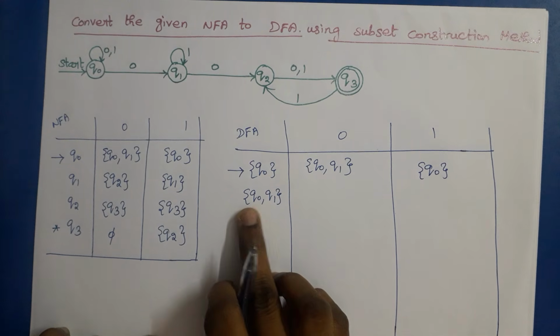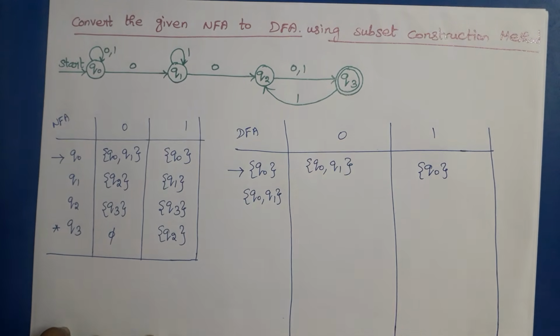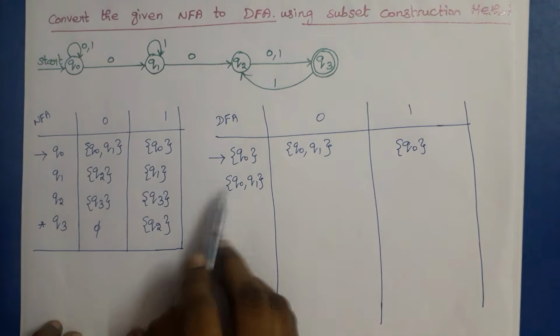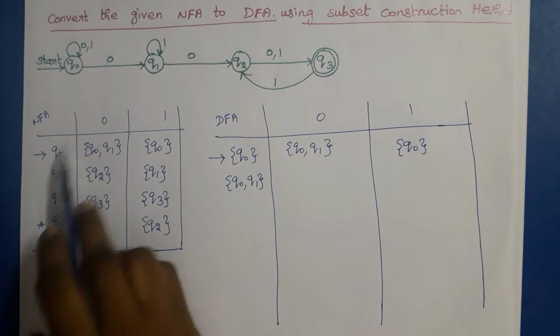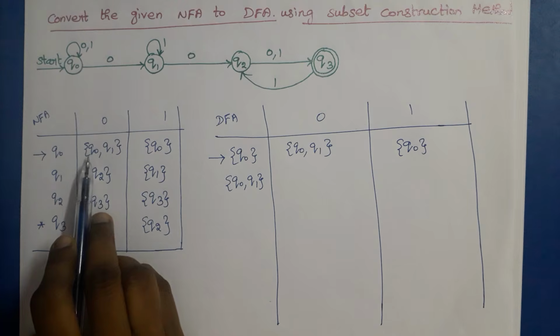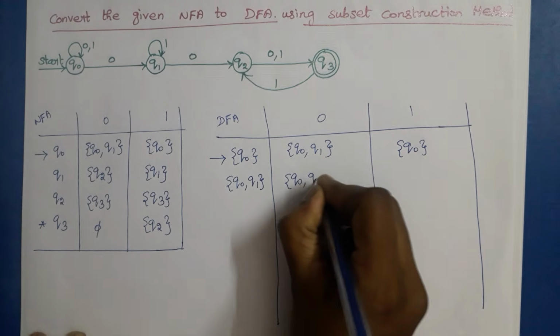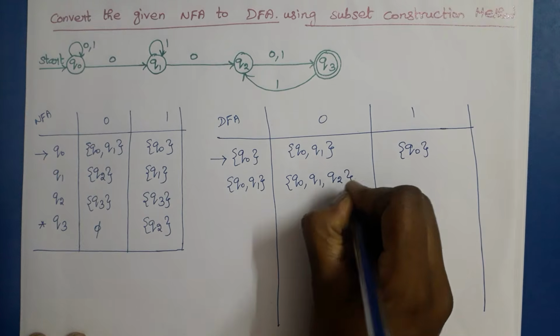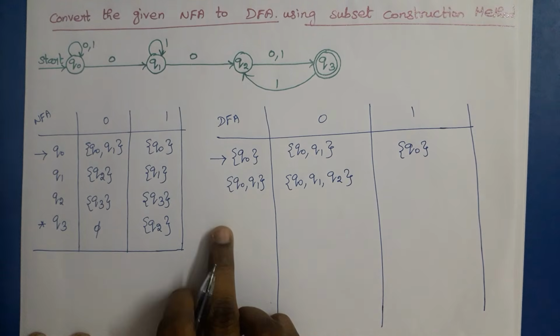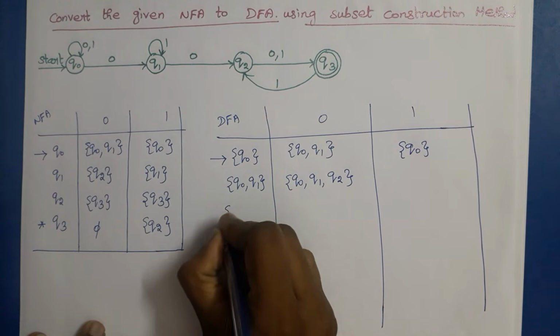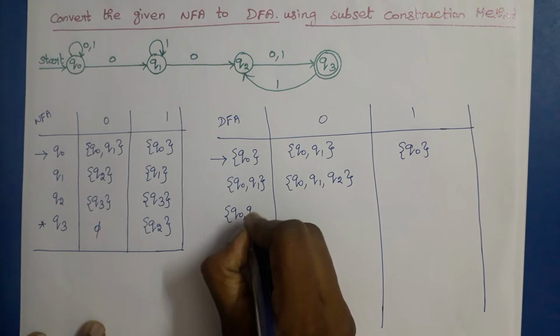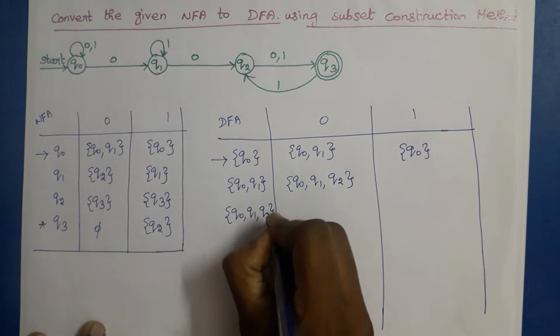So Q0, Q1 and 0. We need to perform just the union operation of Q0, 0 union Q1, 0. So the union gives Q0, Q1, Q2. Whenever a new state is introduced, we have to write it on the left side, then only we will not miss anything.